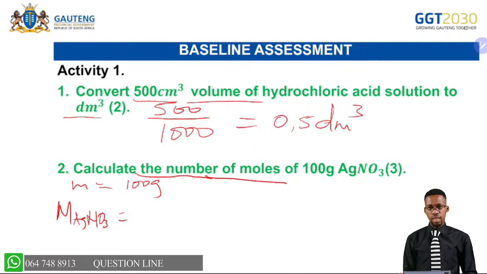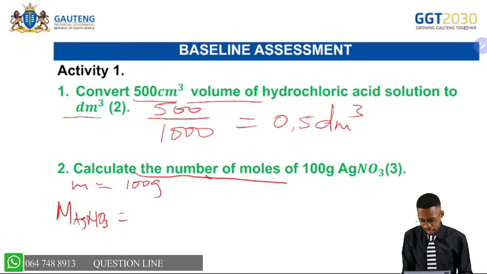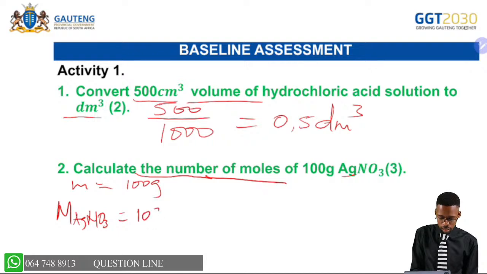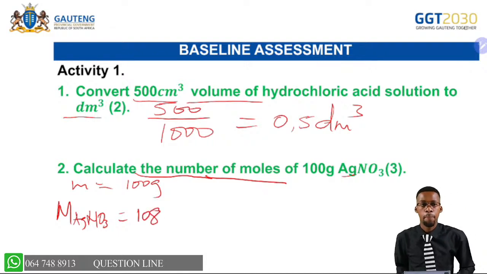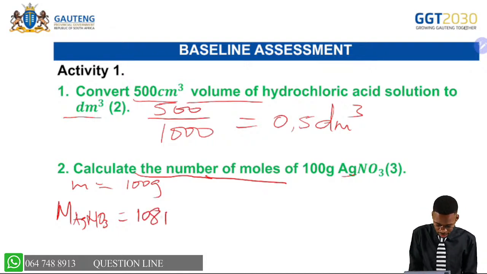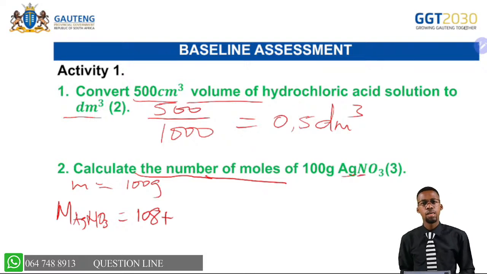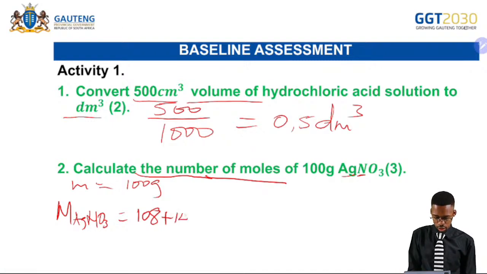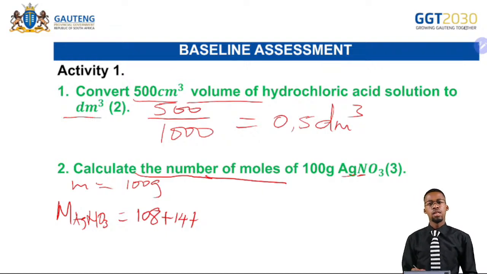So silver nitrate is composed of Ag, which is silver. You go to your periodic table and extract the mass of silver. I think it is 108 grams per mole. Plus the mass of nitrogen from the periodic table. Nitrogen is number 7, meaning that its molar mass is 14. Plus the molar mass of oxygen, which is 16.